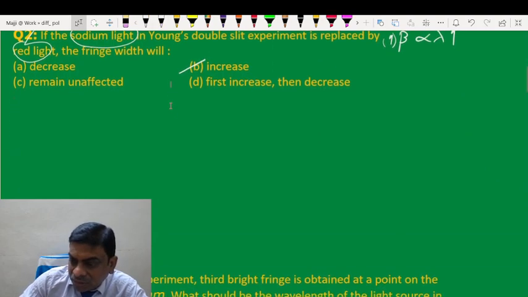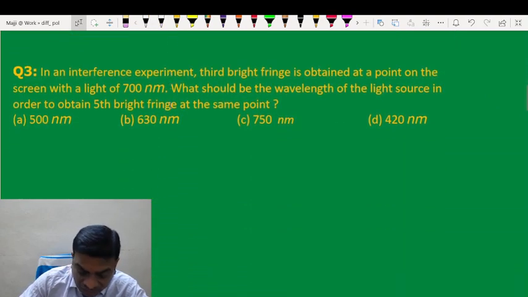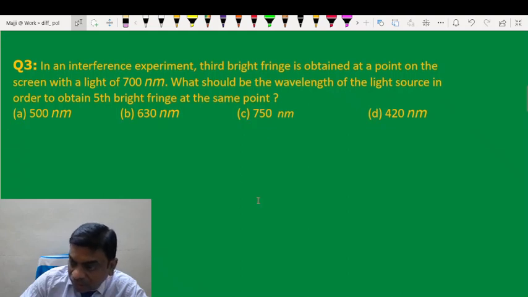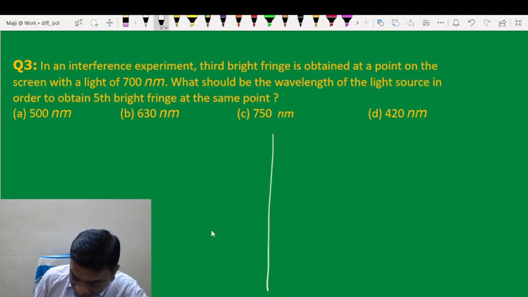Then moving to the next question. Question number 3. In an interference experiment, the third bright fringe is obtained at a point on the screen with light of 700 nanometer. What should be the wavelength of the light source in order to obtain the fifth bright fringe at the same point? So this is the screen, students. This is the central line. Then you have a point here.